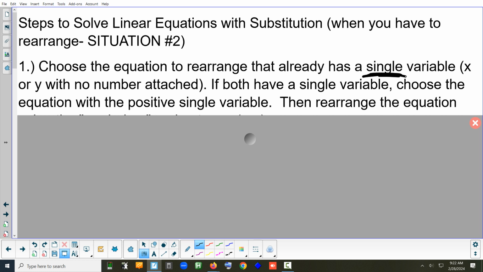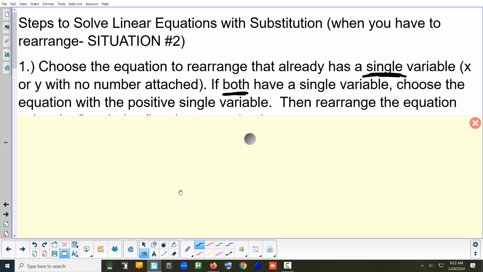Now, we did some problems yesterday where sometimes we had 2 single variables. If you have a choice, because both equations have single variables, we're still just going to try to choose the easiest one. To me, easier usually would mean positive. I think negative is harder to work with.